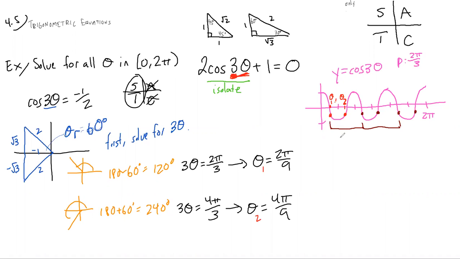So we have to add a period, and then the same thing up on the top to get to the corresponding answers over here. Basically, for every answer, we actually need to have 3 answers for the fact that there's 3 periods in the solution. So this should actually be a set of 3.